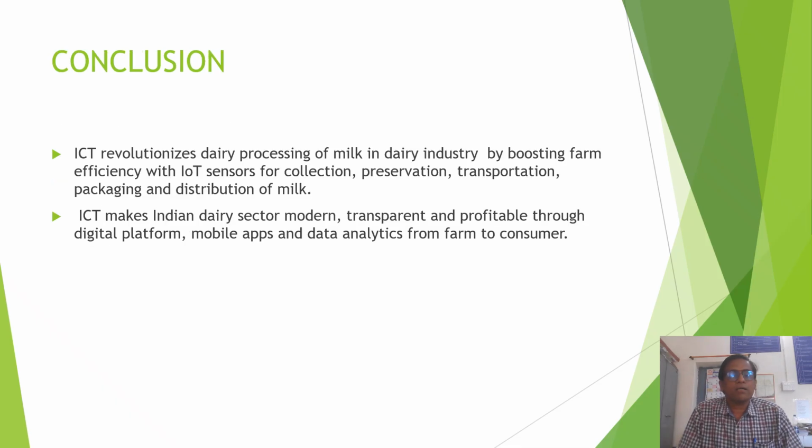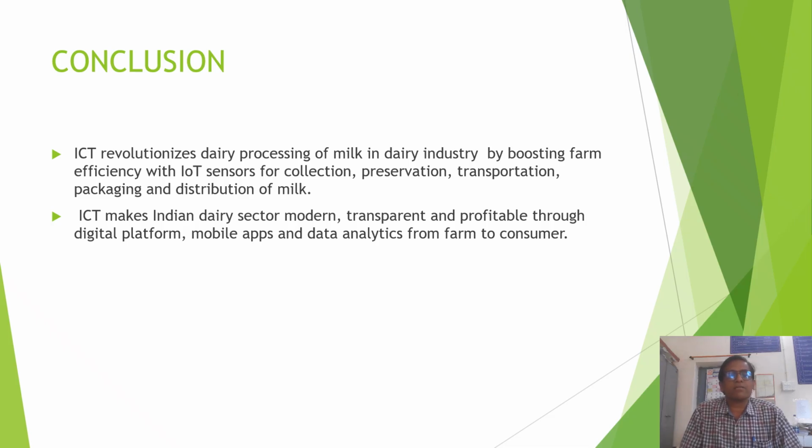So we can conclude from the above slides that ICT revolutionizes dairy processing of milk in the dairy industry by boosting farm efficiency with IoT, that is Internet of Things, sensors, for collection of milk, for preservation of milk, for transportation of milk, for packaging of milk, and up to distribution of milk to the consumers.